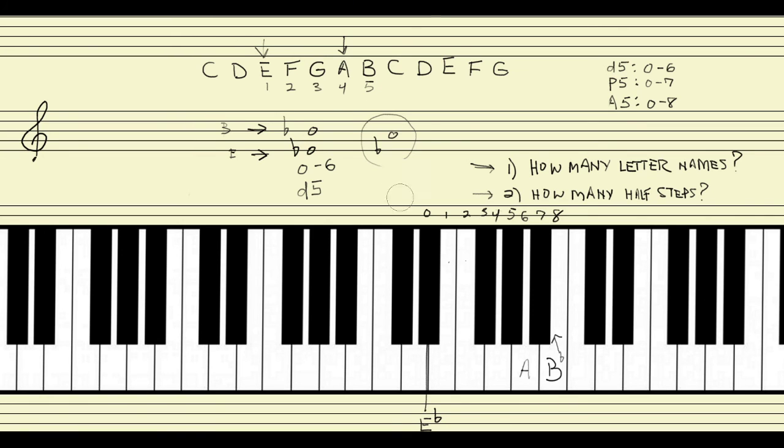And this is where I'm going to have to jog your memory to a few video series ago. Because remember, when we learned accidentals, we learned not only sharps and flats, but we learned another kind of accidental, or 2 kinds of accidentals, known as double sharps and double flats. And here is one of the places where we are going to use double flats.